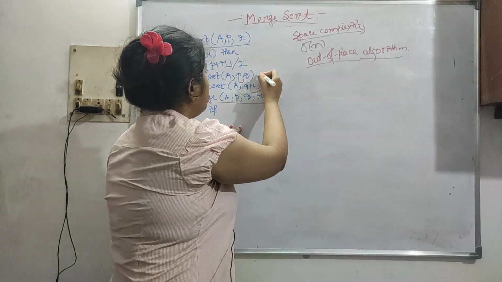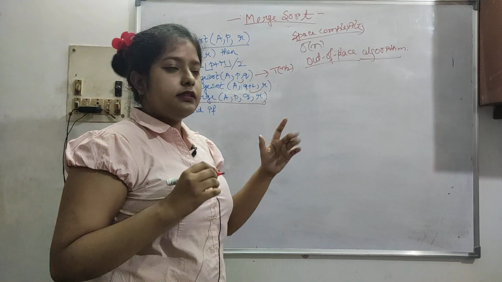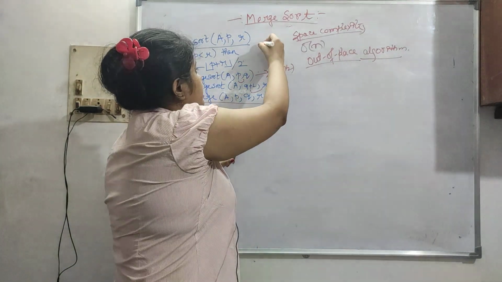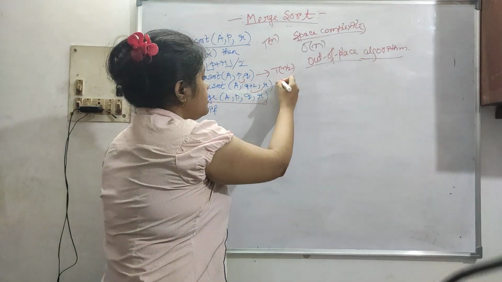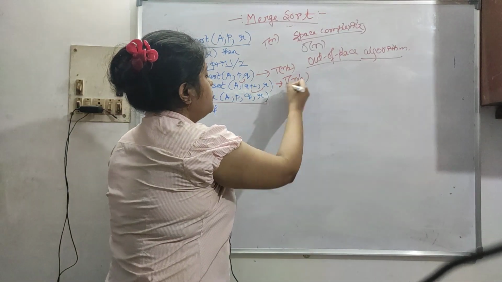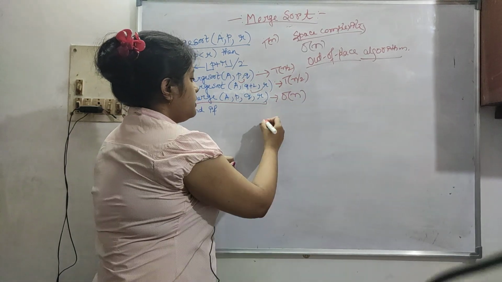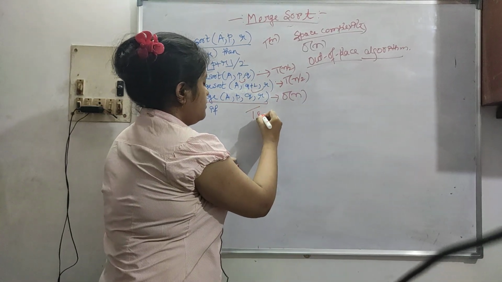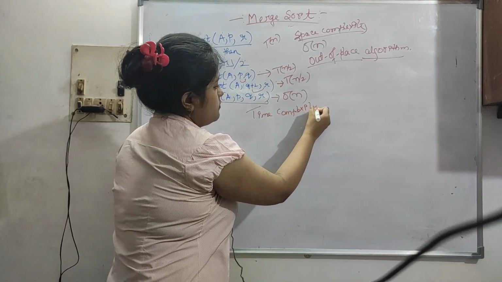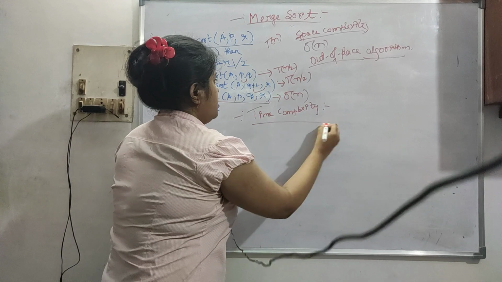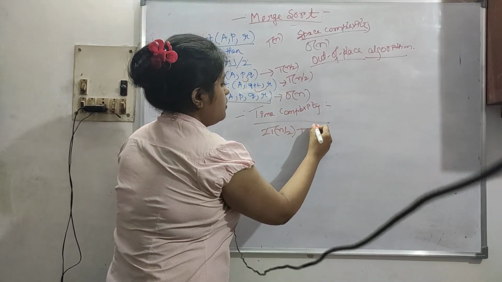Now what is the time complexity? Total time can be T of n, so it is broken into 2, and it is T of n by 2 for each. Both are T of n by 2, and we have seen that the merge is order of n. So the time complexity is 2T of n by 2 plus order of n.